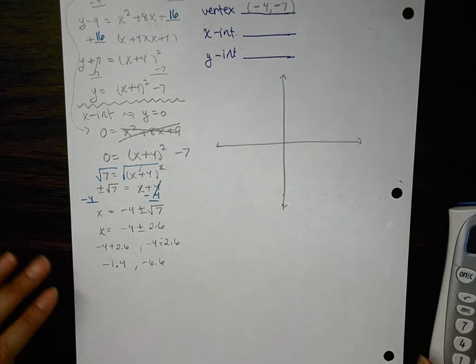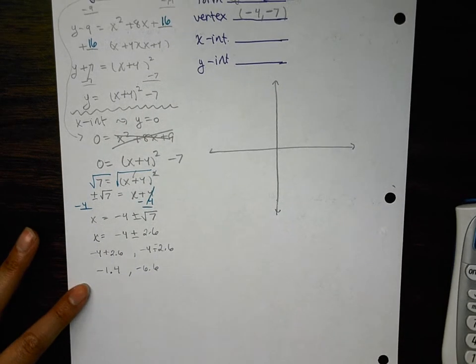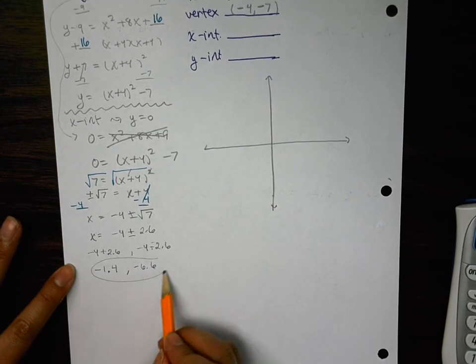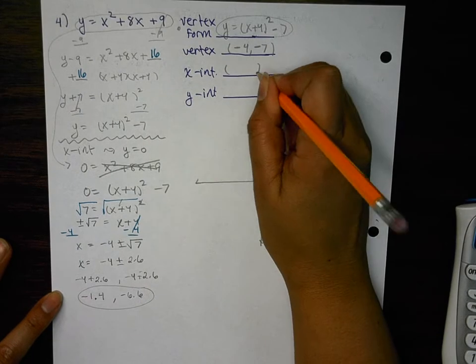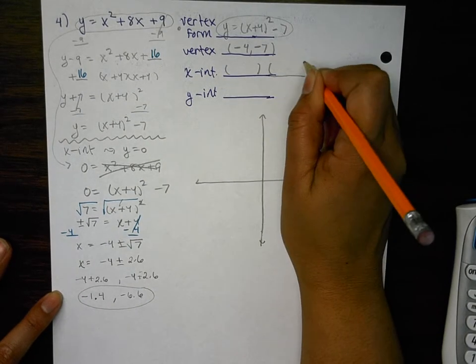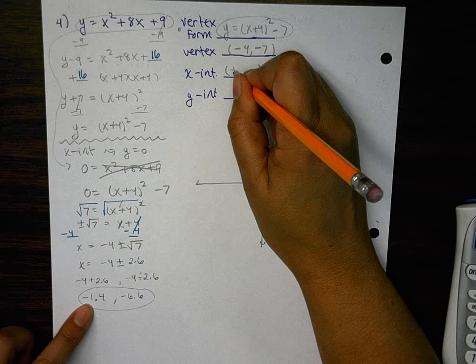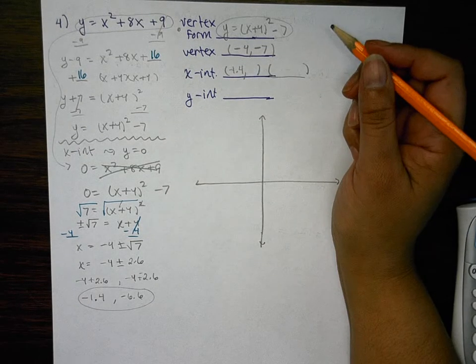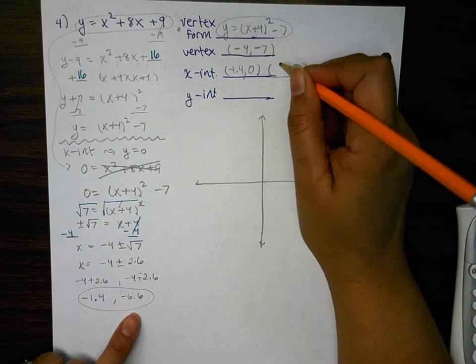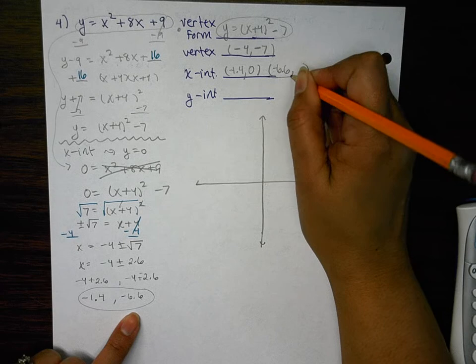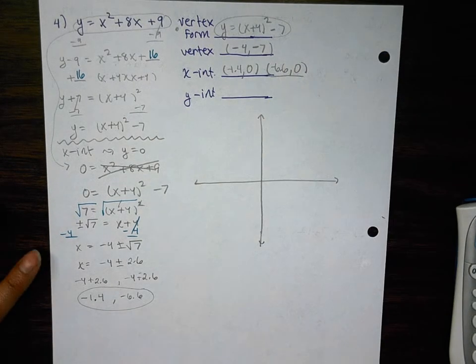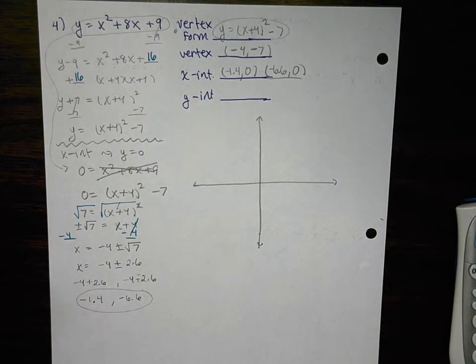Negative 6.6. Does everybody see that? Okay, so I want to write those as two separate ordered pairs. So negative 1.4 comma what? 0. Good job. And then negative 6.6 comma 0.